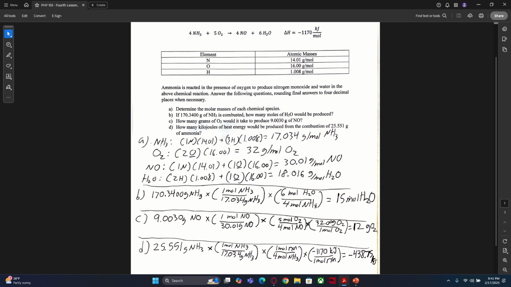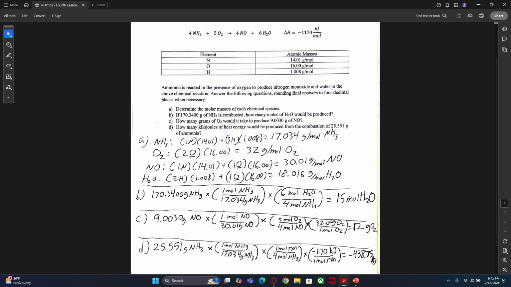In our denominator, we will have moles of ammonia, what we're trying to cancel out, and our balanced chemical reaction says that it takes 4 moles of ammonia to produce 6 moles of water. So 6 over 4. And if we do this calculation, 170.34 times 1 times 6 divided by parentheses 17.034 times 4 parentheses, you should get 15 moles of water.